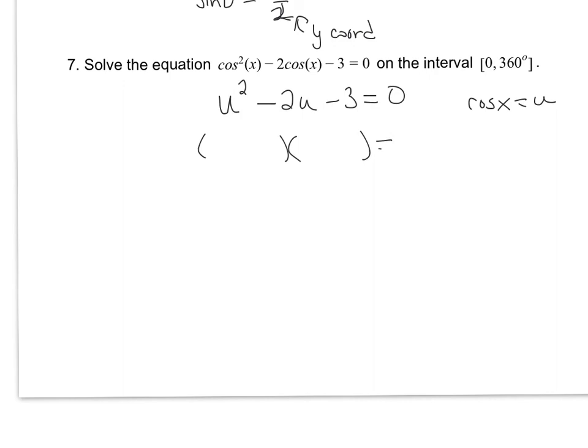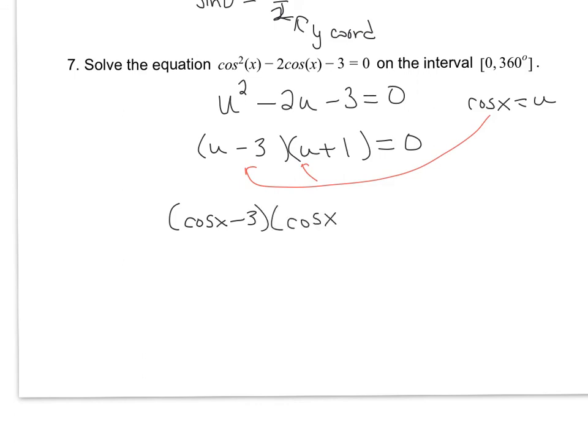So if I factor this, u and u, I'm looking for two numbers that multiply to negative 3, add to negative 2. That would be minus 3 and positive 1. So now I've got it factored into two linear factors. So I can replace my cosine in for u. So I'll get cosine x minus 3, cosine x plus 1 equals 0.